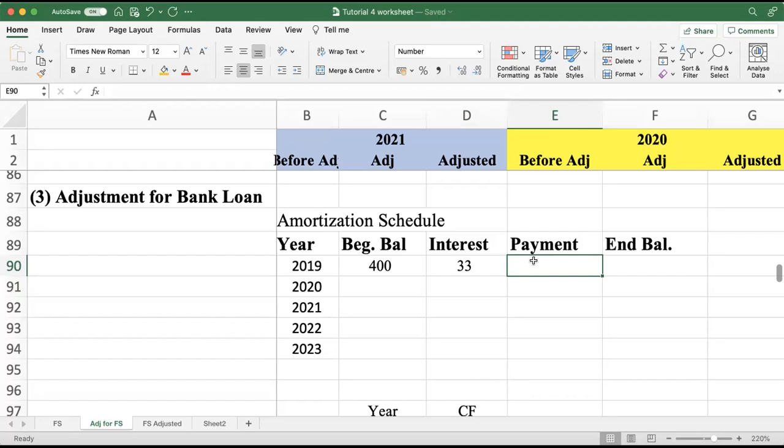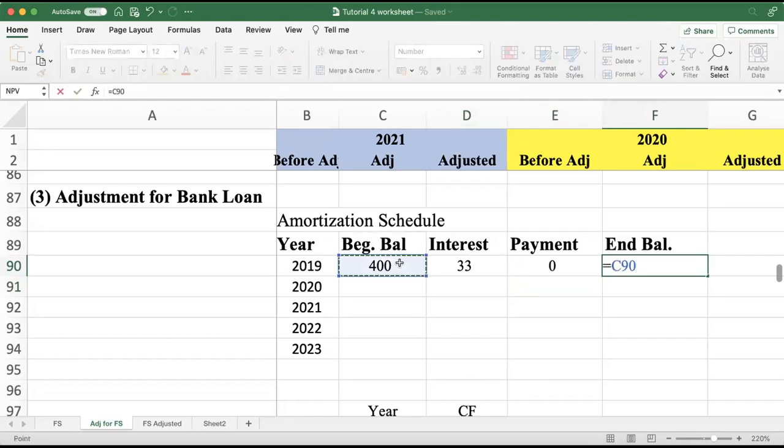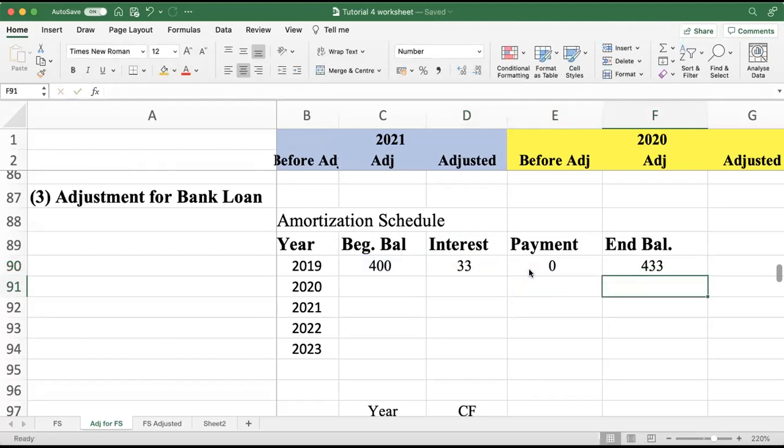Then in 2019, there is no payment. End balance is beginning balance plus interest minus payment.